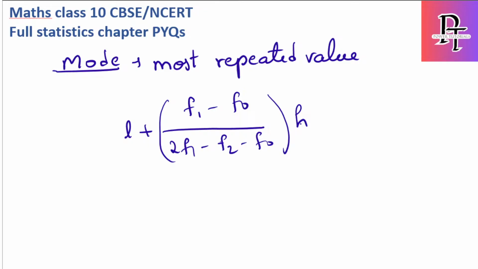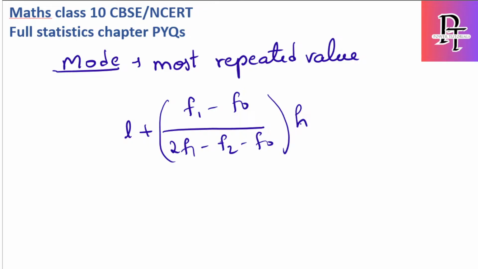F1 is the modal class frequency, F0 is the preceding class frequency, and F2 is the succeeding class frequency. So these are the formulas for grouped and ungrouped data for mean, median, and mode.